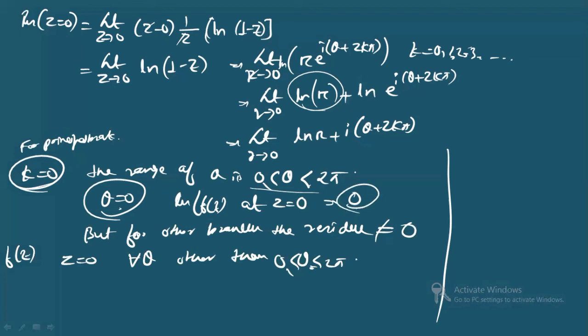So this residue is 0 only for the principal branch. For other branches the residue is not equal to 0. So z equals 0 will be a pole of f(z) for all theta other than theta greater than or equal to 0 but less than 2 pi.